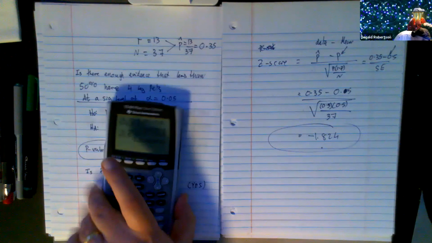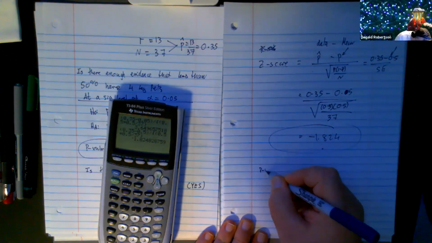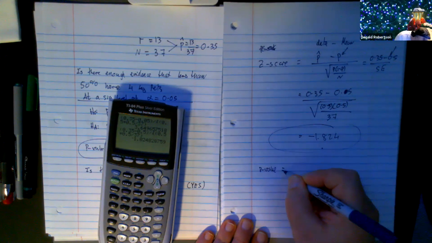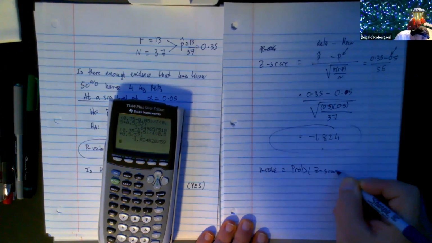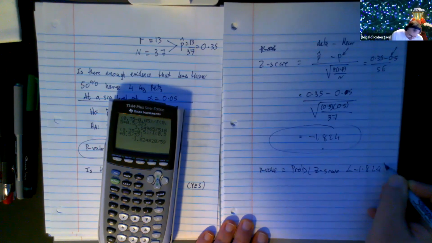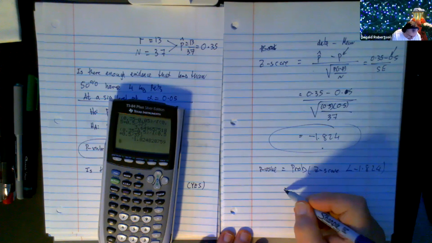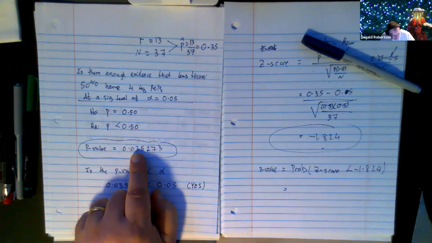So continuing with this, what we have now is the p-value. It's the probability that you get a z-score less than this guy. Now, I got this p-value here.